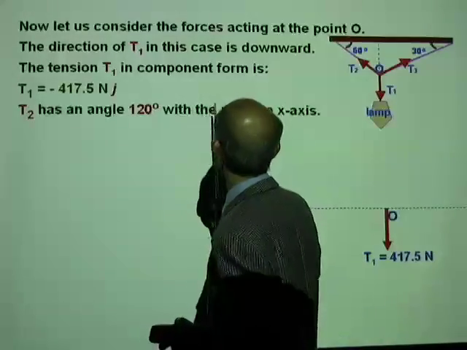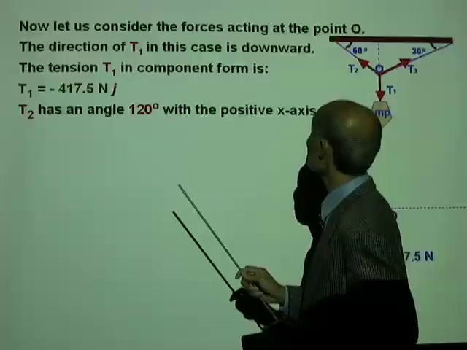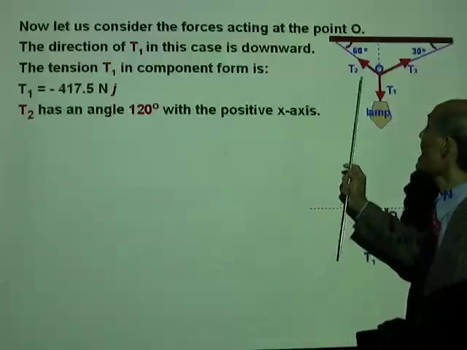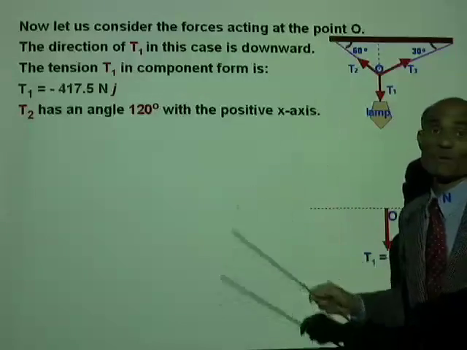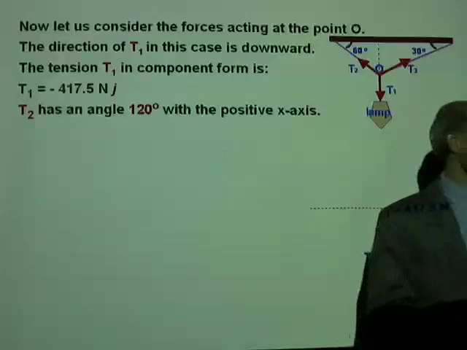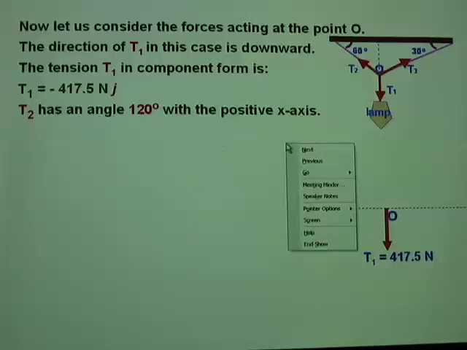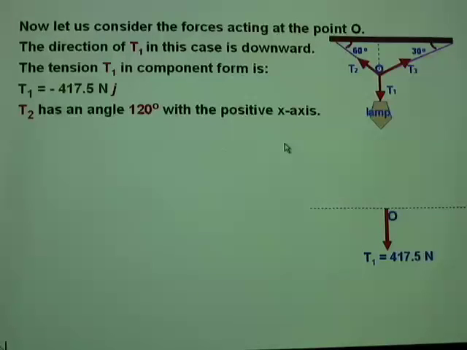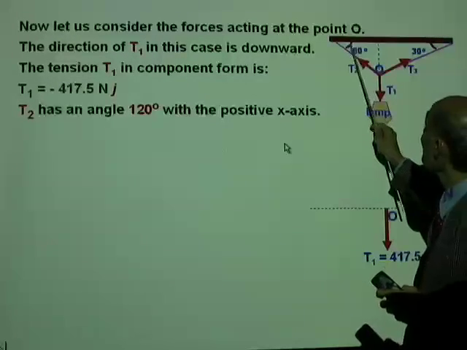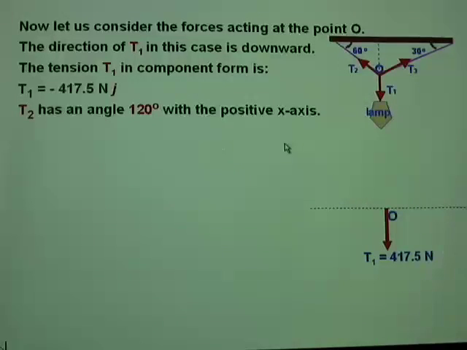T2 makes an angle of 120 degrees with the x-axis. How do I know that? Well, this is T2. Let me show that to you. This is the x-axis. We are told that this angle is 60 degrees.